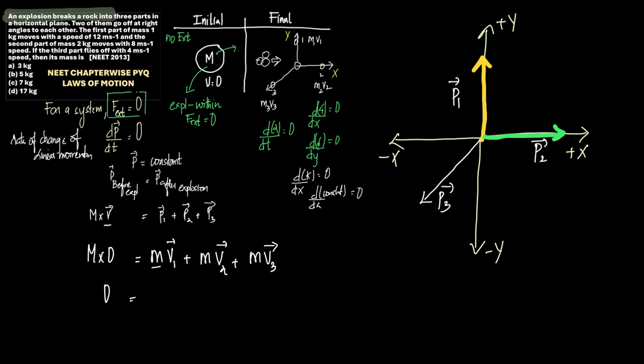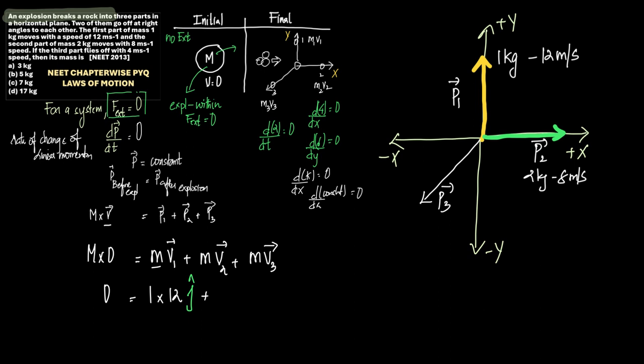The first part of mass is given to be 1 kilogram, moving at 12 meter per second. The other is 2 kilogram, moving at 8 meter per second. So I can write here 1 kilogram moving at 12 meter per second, which is 12, of course, but most importantly, this should be j cap, right?